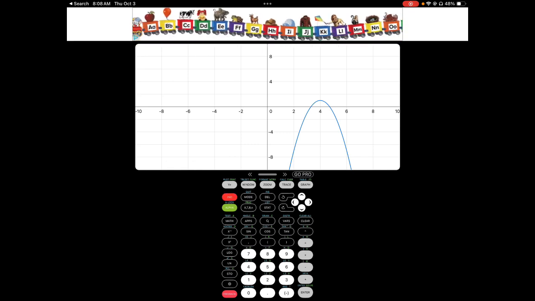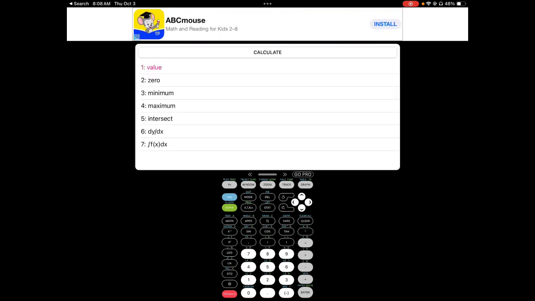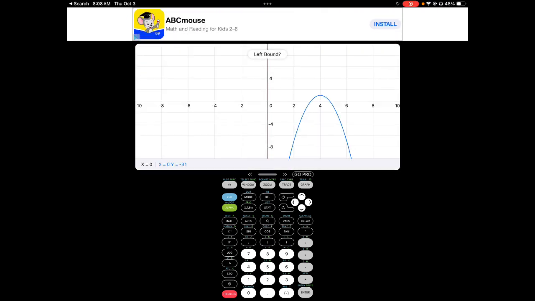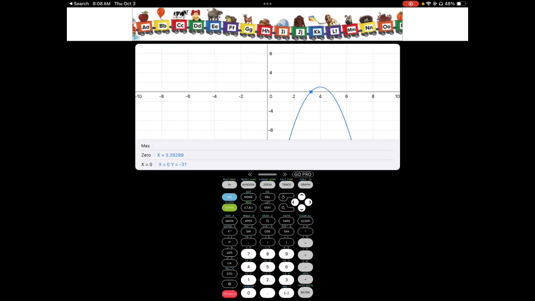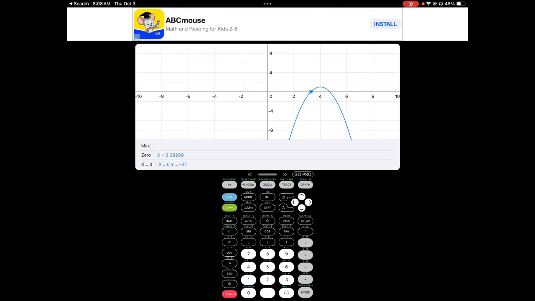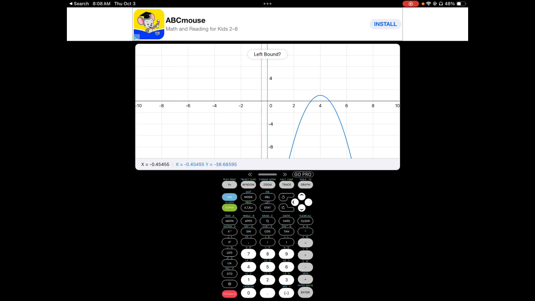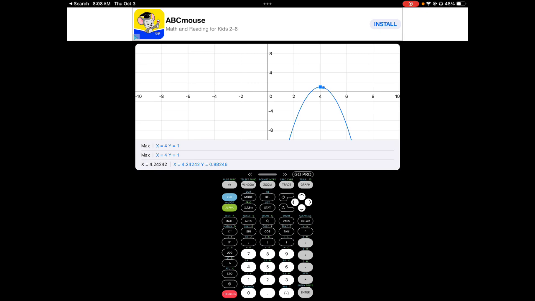So let's hit second trace, which is calculate. I want to find the maximum. Left bound, right bound. Let's see, let's try that again. Maximum. Okay, left bound. Okay, here's my left bound. I see my line now. I need to go right. Enter. Enter. Yep, 4, 1 is the vertex.